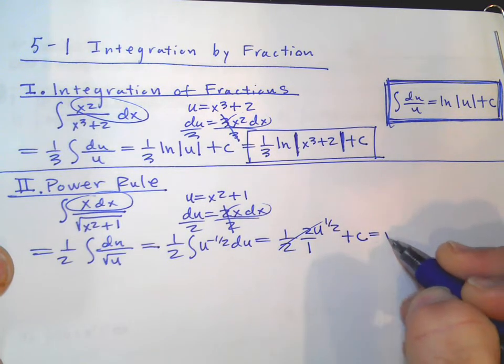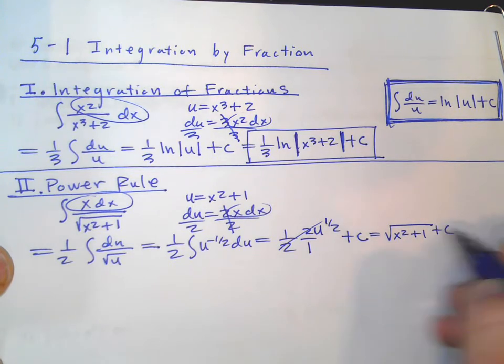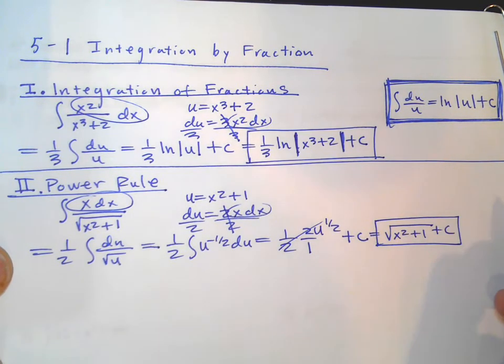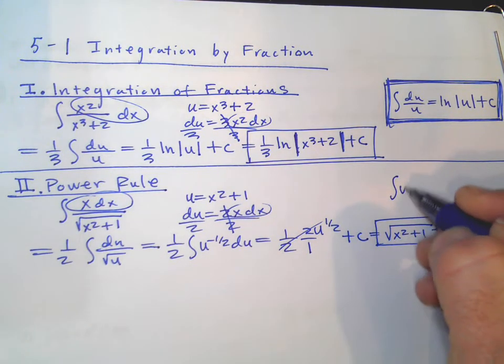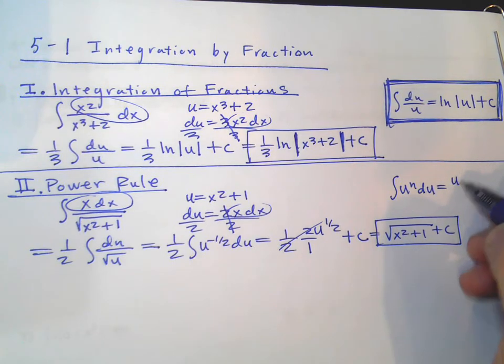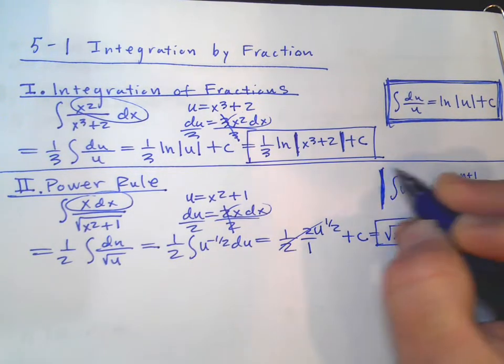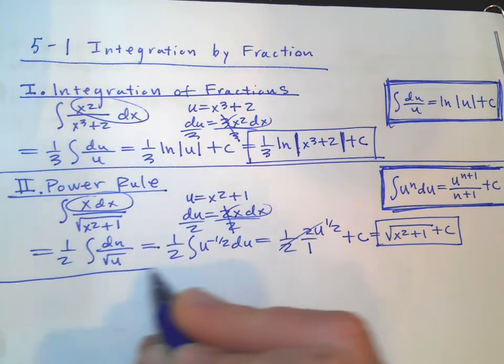So our answer is the square root of x squared plus 1 plus c. So the rule that you might also use sometimes is the power rule: the integral of u to the n du equals u to the n plus 1 divided by the new exponent plus c. So keep that one in mind.